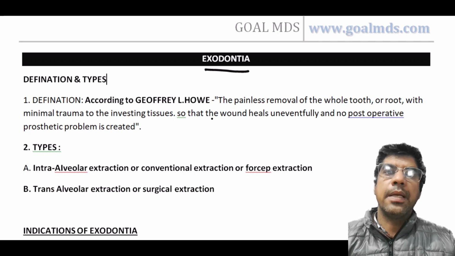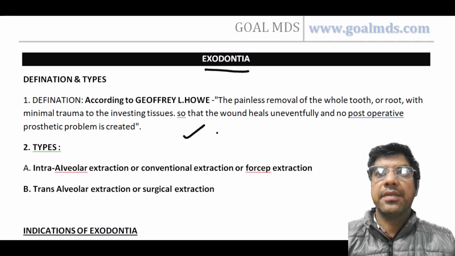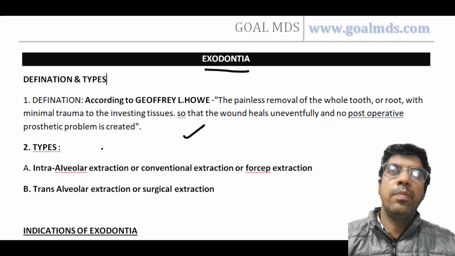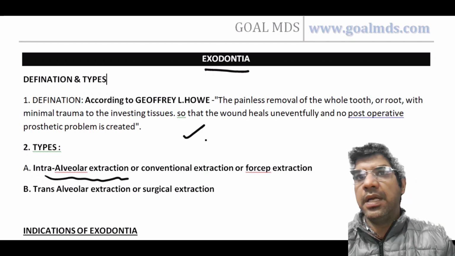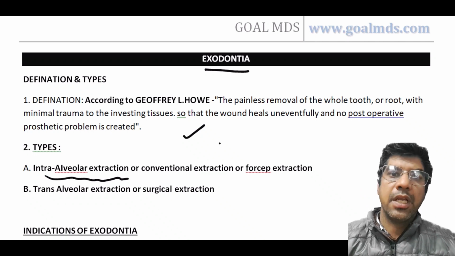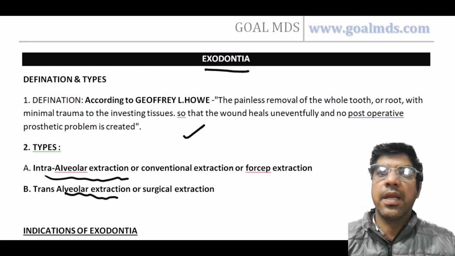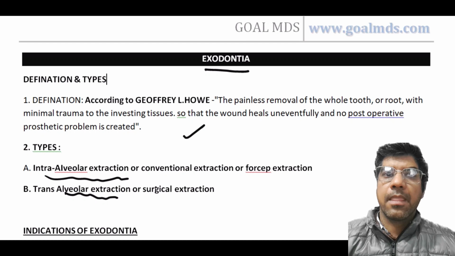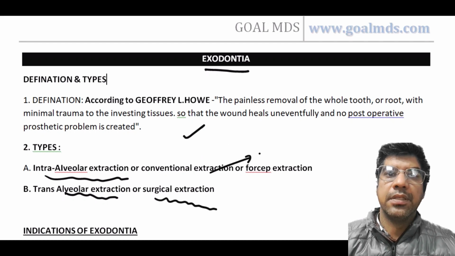Now what are the techniques of dental extraction? Let us discuss that. There are two main techniques. One is the intraalveolar extraction, also known as traditional or conventional extraction, and the other is the transalveolar extraction, also known as surgical extraction.